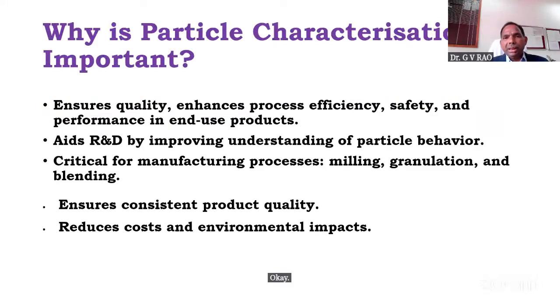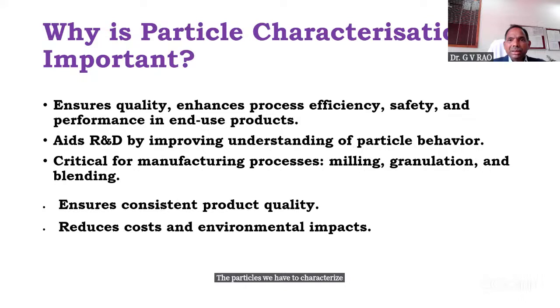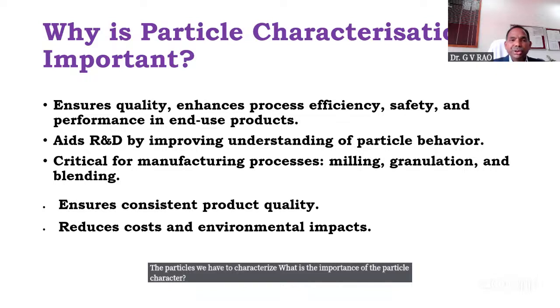So in everyday life, we are going to see so many types of particles or materials. Materials are made up of various particles. If we want to know about the materials, we should know about the particles. The particles we have to characterize. What is the importance of particle characterization?